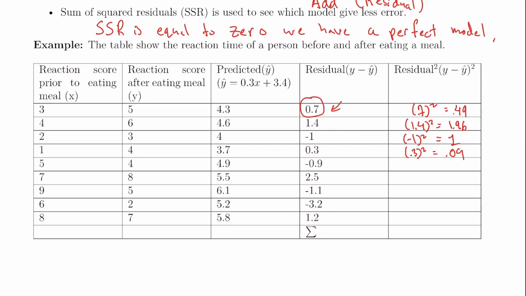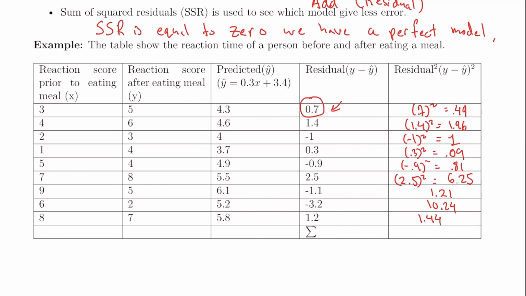If you get negative 0.9 squared, that gives you 0.81. 2.5 squared is 6.25. If I do negative 1.1 squared, you get 1.21. 3.2 squared, you get 10.24. And then 1.2 squared, that should be 1.44. There you go. All right.